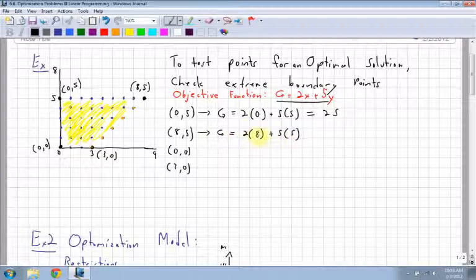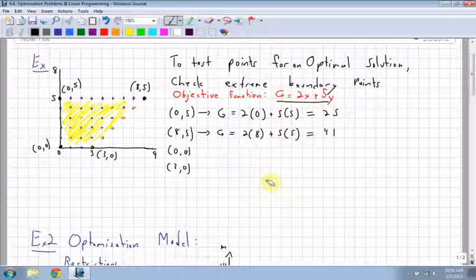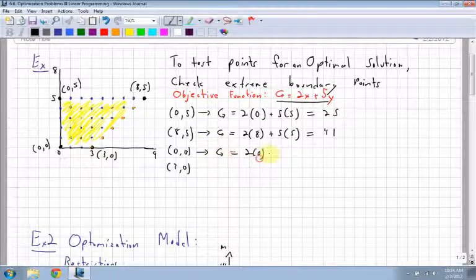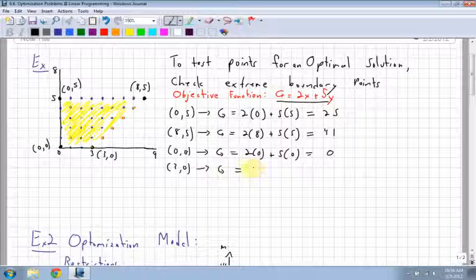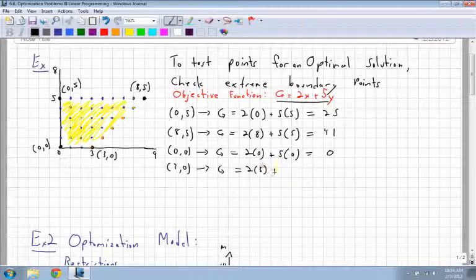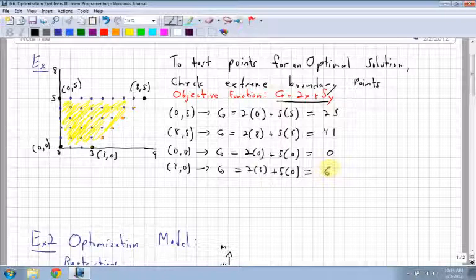Again, my x value is 8, y value is 5. 16 plus 25 is 41. Next one. G is equal to 2 times 0 plus 5 times 0 is equal to 0. And the last one, G is equal to 2 times 3 plus 5 times 0 is equal to just 6.